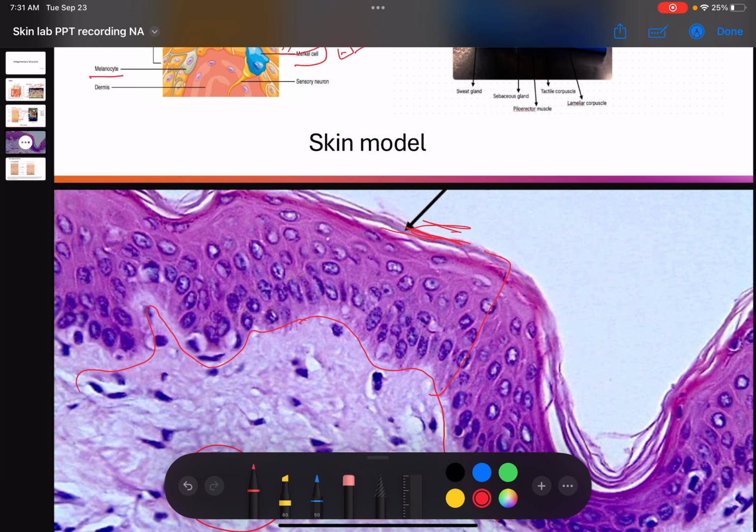Anything else in that one? I'm looking at that. You should be seeing some pigment melanin cells, melanocytes. So these cells are what? Keratinized. These cells are keratinized.